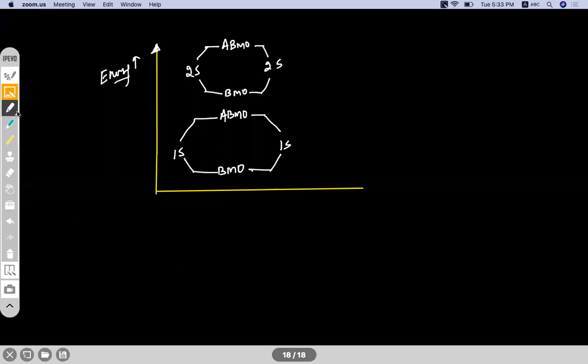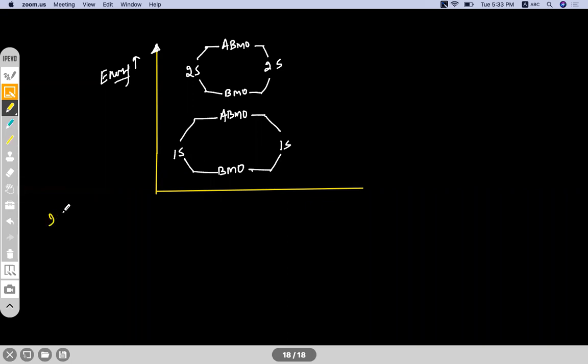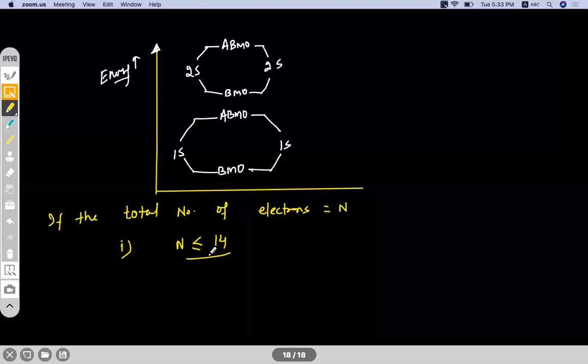Okay, so there are two possibilities here. If the total number of electrons equals n, case 1, when n is less than or equal to 14 electrons, then this energy order you should know, the orbital energy order, and you will get questions from this only, the one that I am discussing now.